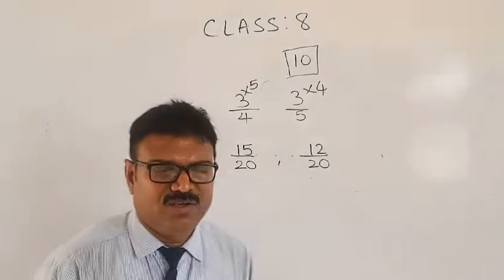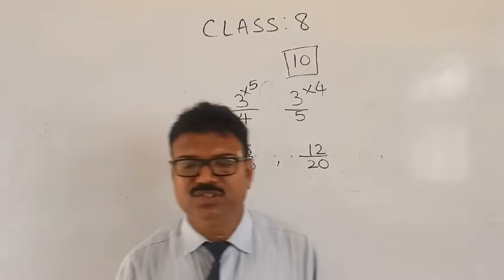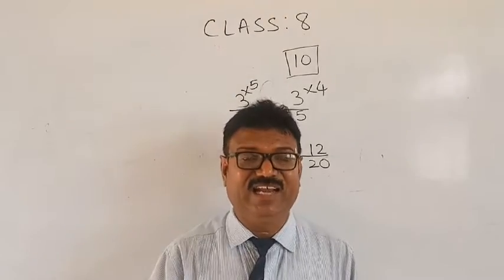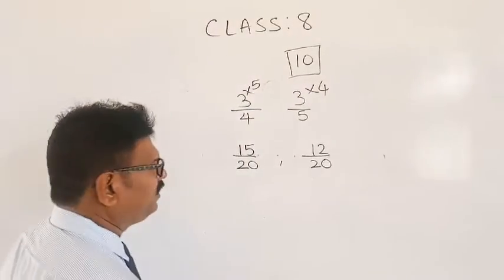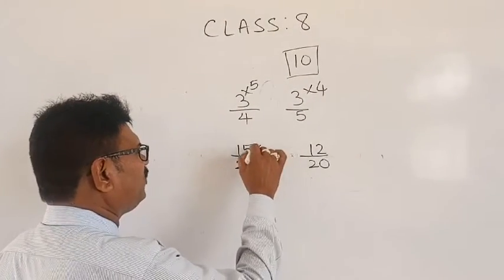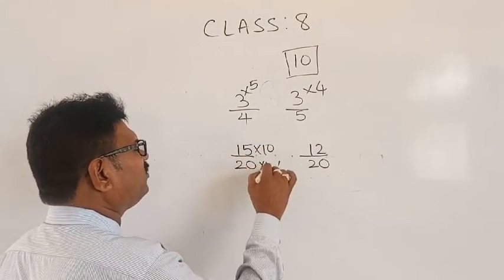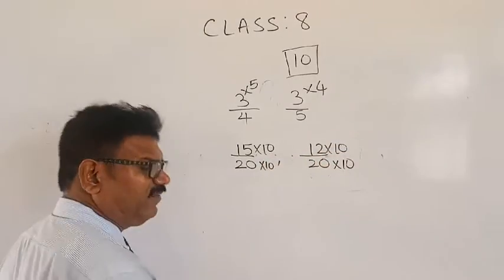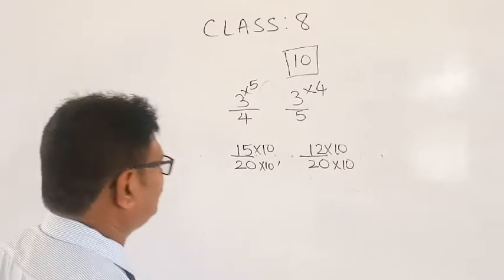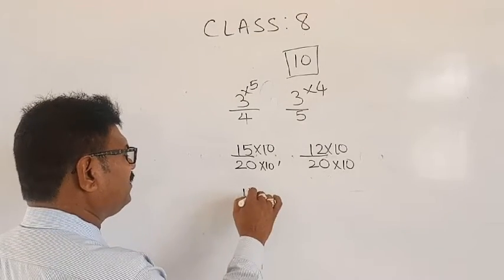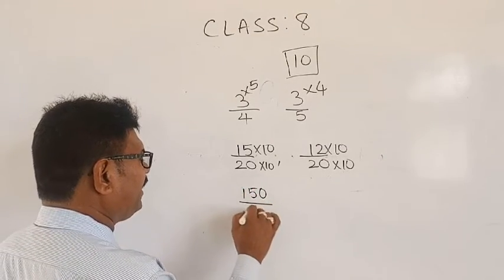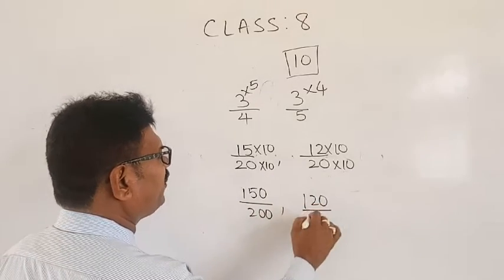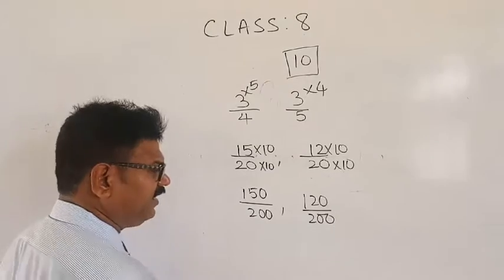Now we want to find 10 rational numbers. Since 10 numbers are needed, I will multiply with 10. If you want, you can multiply with any other number. There is no objection. Clear? It becomes 150 divided by 200, and here 120 divided by 200.